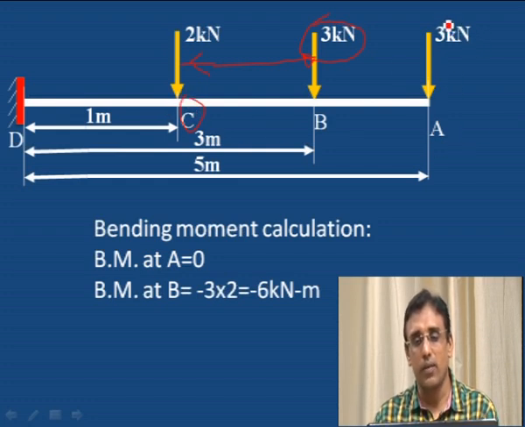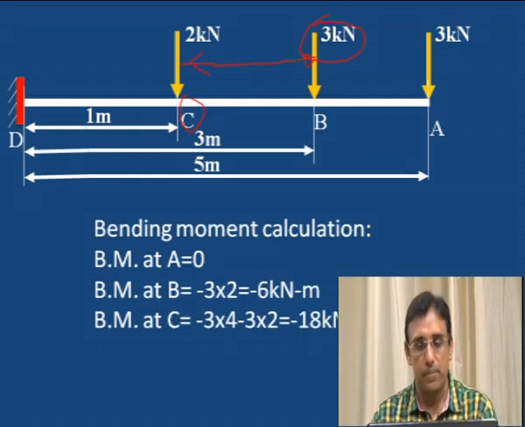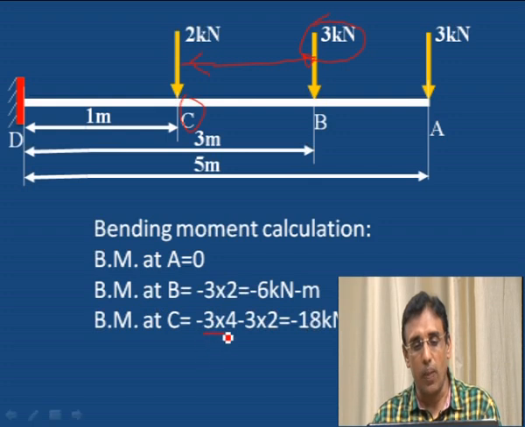This is 3 kilonewton into distance 4, and then 3 kilonewton into distance 3 minus 1. Here 3 meter from D to B minus 1 meter from D to C, 3 minus 1, that is 2 meter. Minus 3 into 4, first point load, and second point load minus 3 into 2, that will be equal to minus 18 kilonewton meter, the bending moment at C.